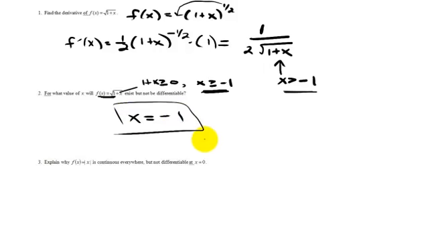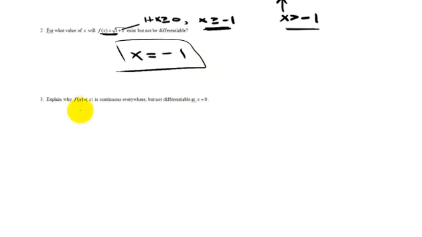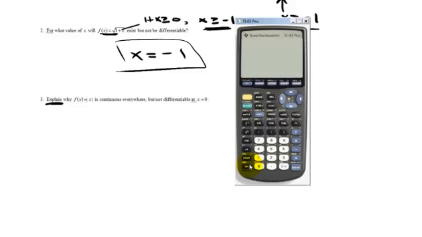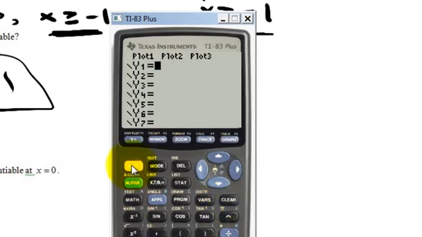Okay. And final question. Explain why the absolute value of x is continuous everywhere but not differentiable. Now, since I'm saying explain, you don't really have to be too formal about it. Just to show you what's going on, if you were to take out your calculator and figure out what the absolute value of x looks like, that way you have an idea.